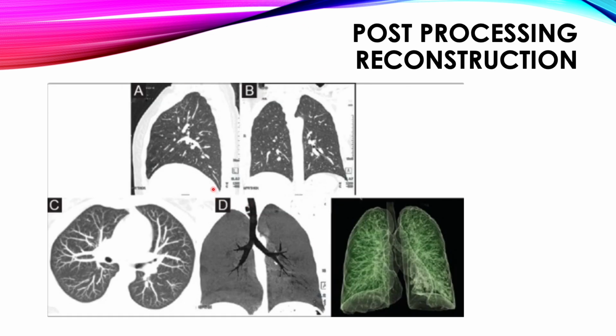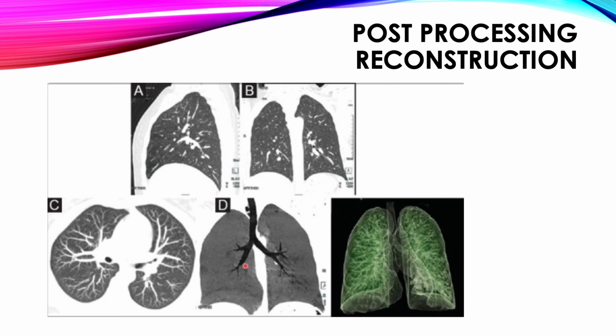This is another post-processing image. All the non-contrast CT images, the volumetric data which is acquired, can be further processed, and this gives us further images, of which the first one that you see on the screen are multiplanar reconstruction images, the MPRs, okay? So in different planes, the images are reconstructed. Again, this helps in diagnosing diffuse lung diseases.